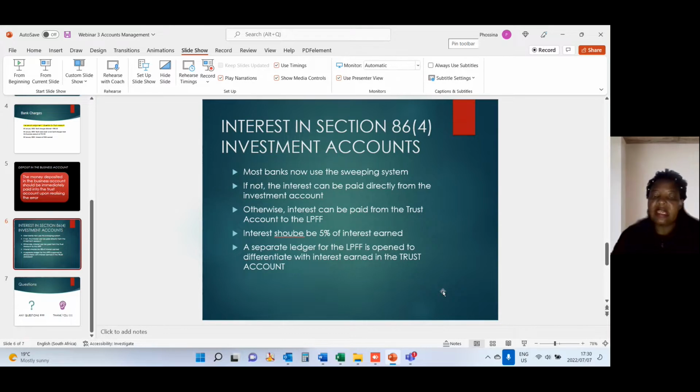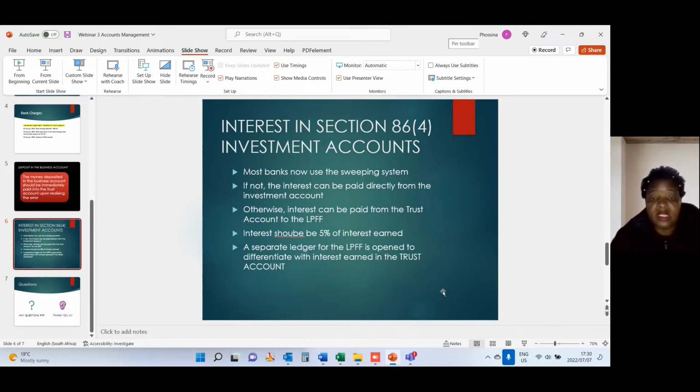And then we can always explain past journals after correcting, and then we show our auditors to say, no, this was to correct this and that, which then enables us not to be in trouble with the LPC. Okay, so most banks are now on the sweeping system.